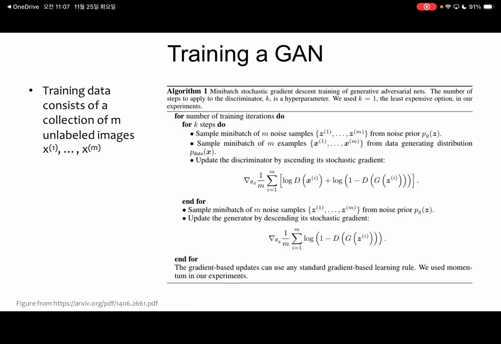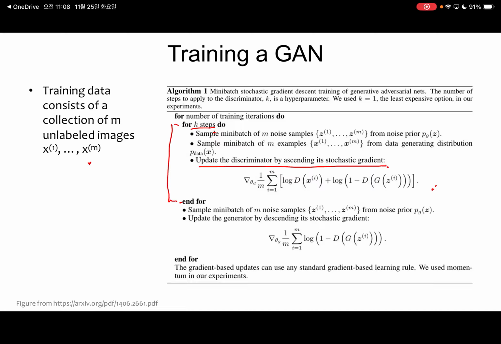This shows the pseudocode of training GAN, with the alternating training between discriminator and generator. Let's say the training data consists of a collection of unlabeled images. You can skip some details, but here the first for loop is here. Sample images, sample noise, and then the important thing is that for k steps, update the discriminator by ascending the stochastic gradient.